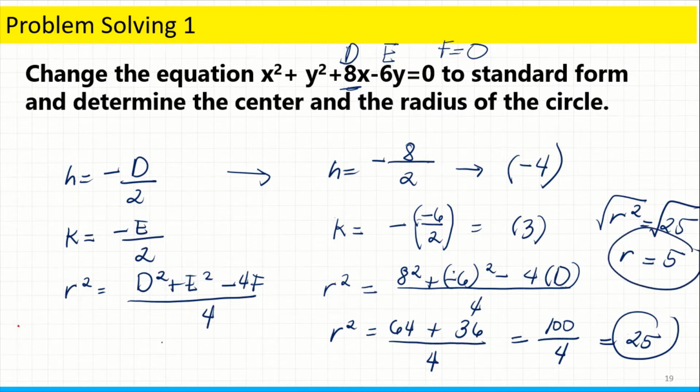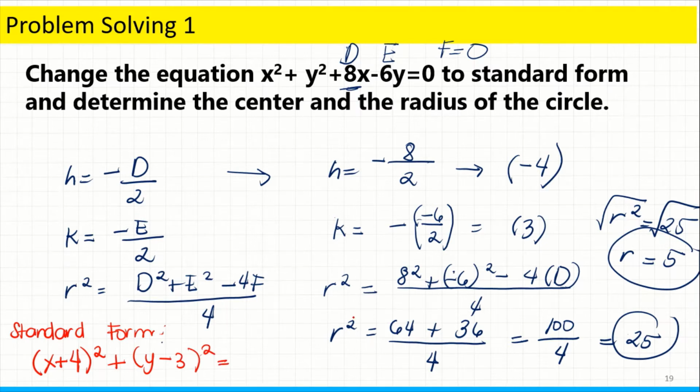So the standard form of the equation is the quantity x, our h is negative 4, so it becomes plus 4, squared, plus y minus, since our k is positive, y minus 3 squared is equal to r squared, which is 25. So this is now the final answer.